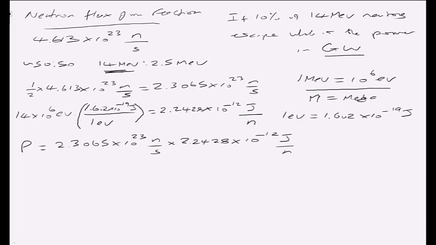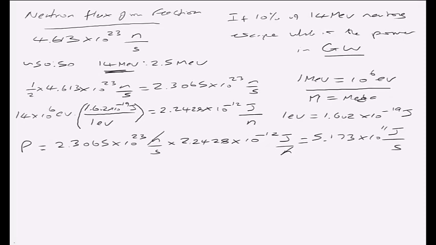And what we notice is that the neutrons will cancel each other out, and this gives us a value of 5.173 times 10 to the power of 11 joules per second.